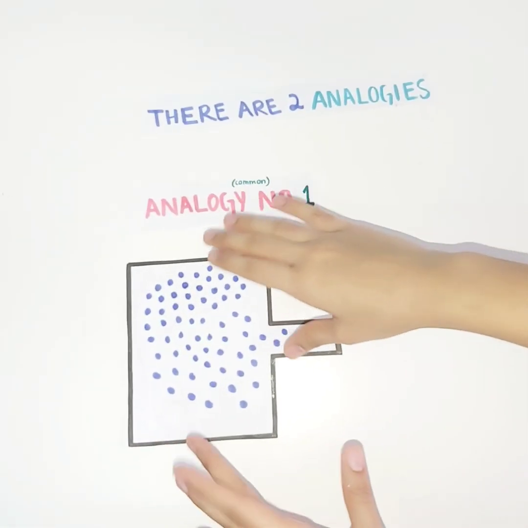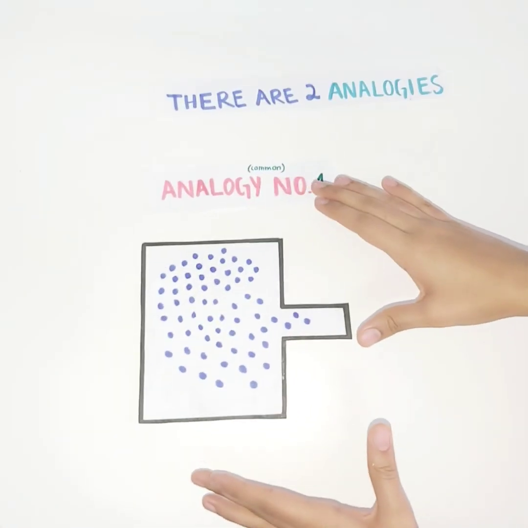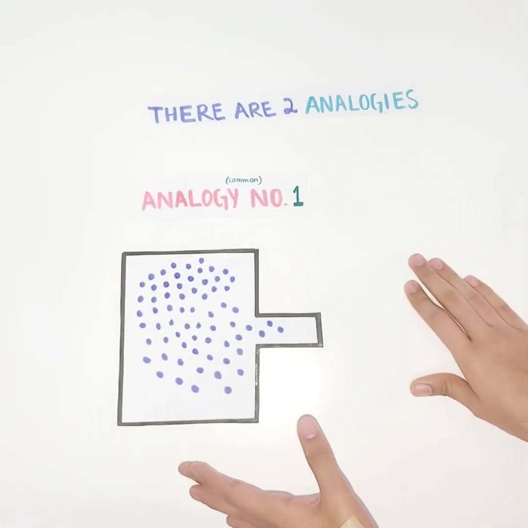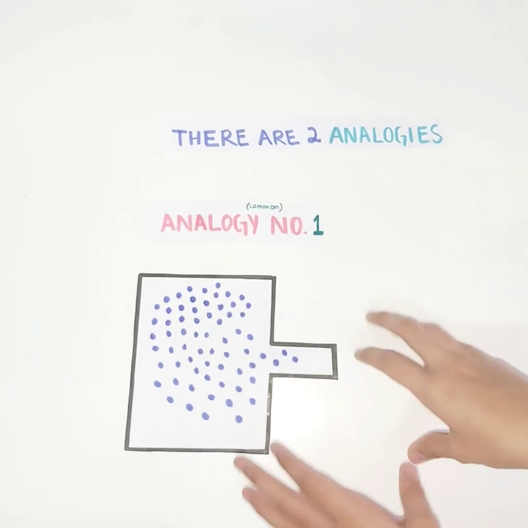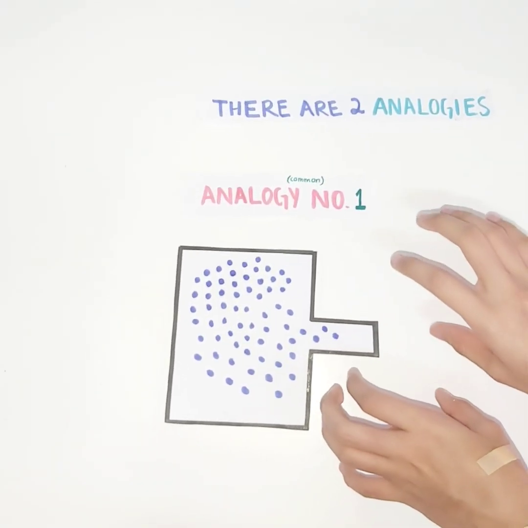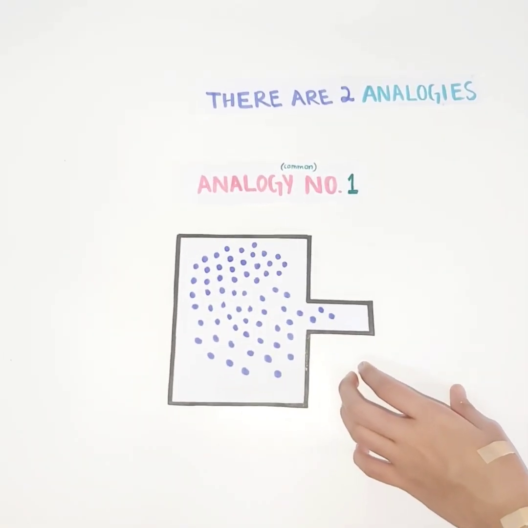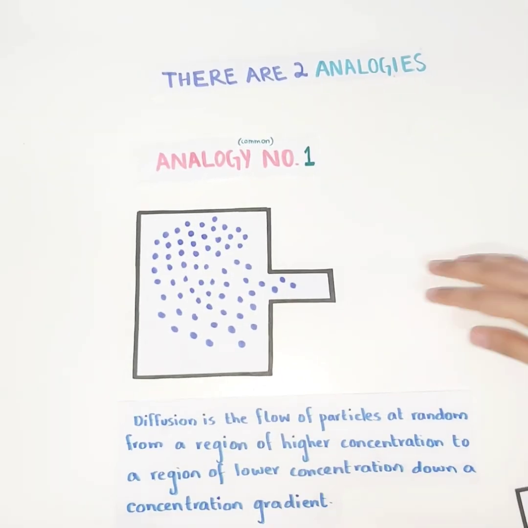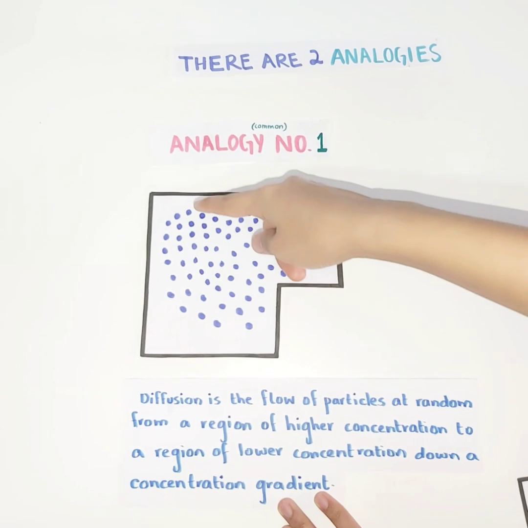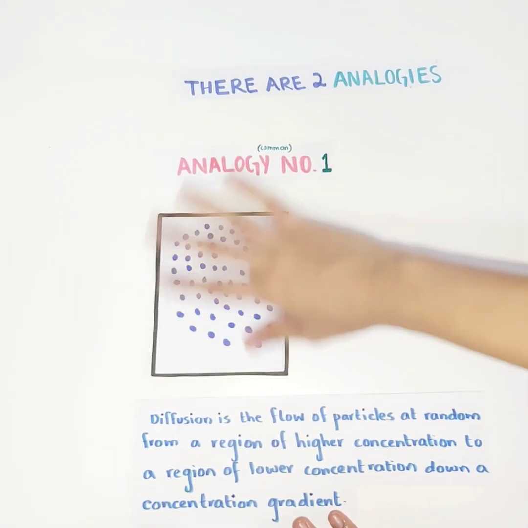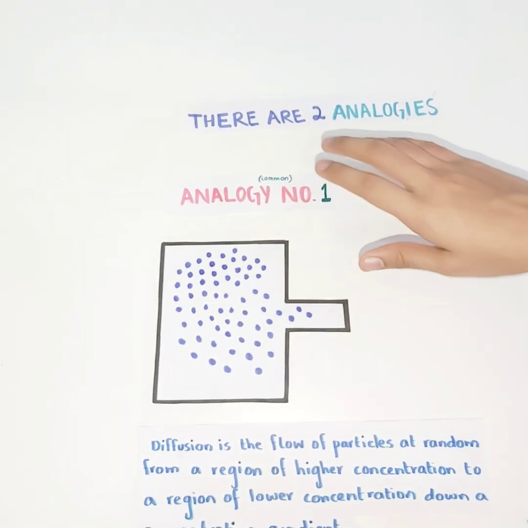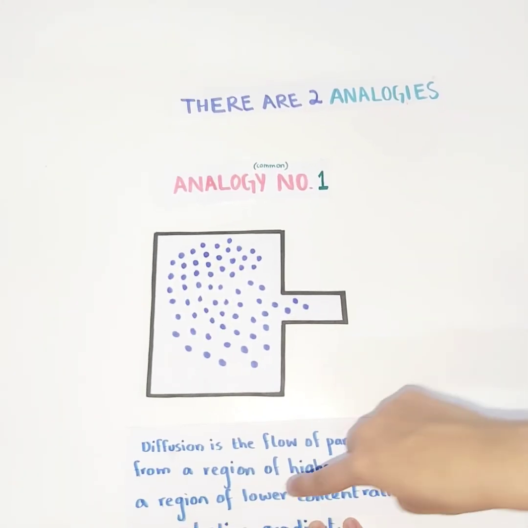So the molecules are just crowded up in this room, and they can't really go anywhere. I'm trying to explain diffusion, right? So I'm just gonna keep this definition right here. It's the flow of particles. These particles are moving at random, just suppose it's some gas, perfume or something, from a region of higher concentration to a region of lower concentration.